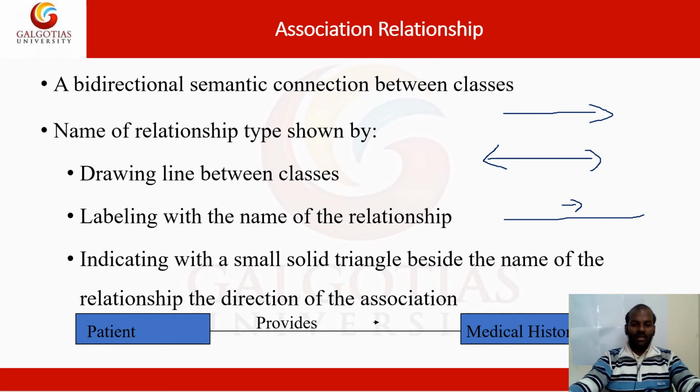Here we take patient as one class and medical history as another class. The patient always provides a medical history about the particular patient. This is the meaning of the particular line, this is the direction of the arrow mark, and this line provides the relationship between your patient and your medical history.